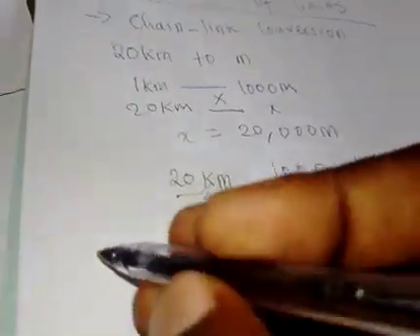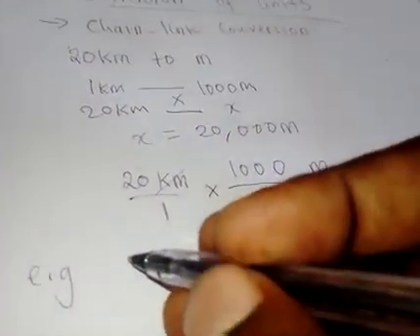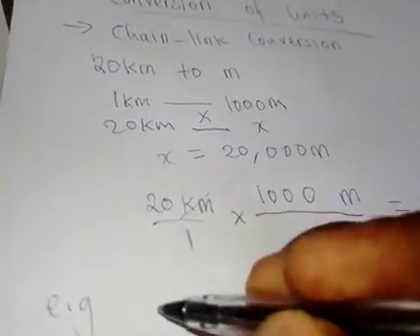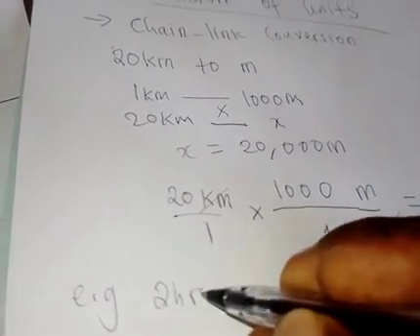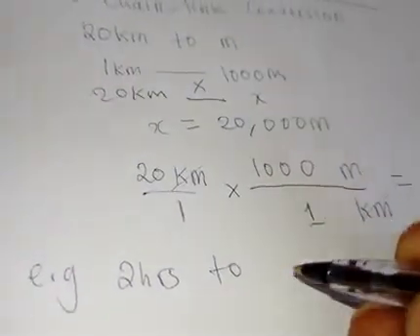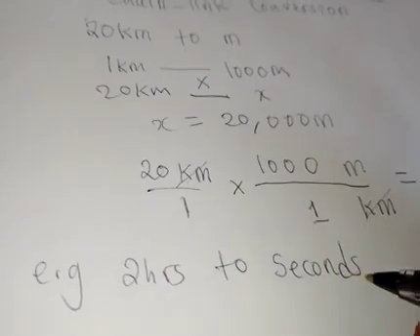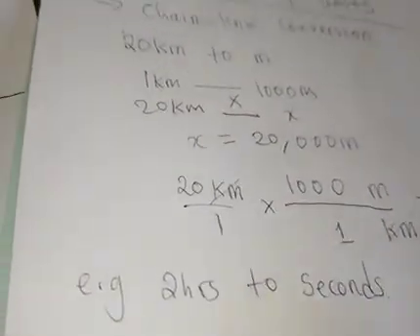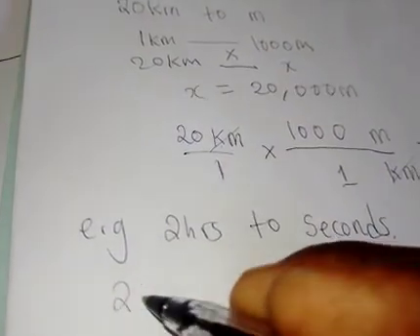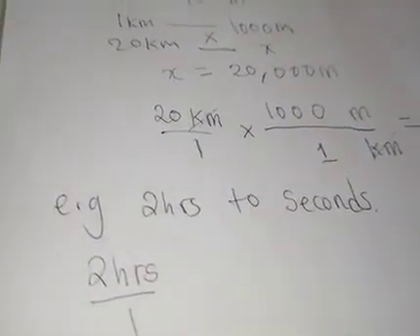Another example, let's say we want to convert 2 hours to seconds. So using the chain link conversion, you get what you have been given. So we have the 2 hours like that. This one can be written as over 1.